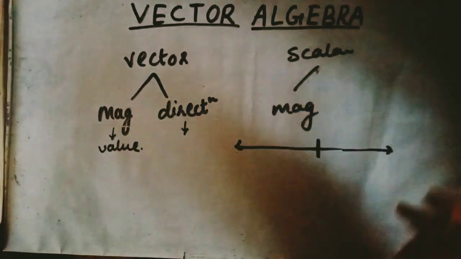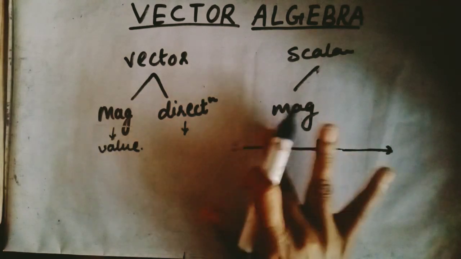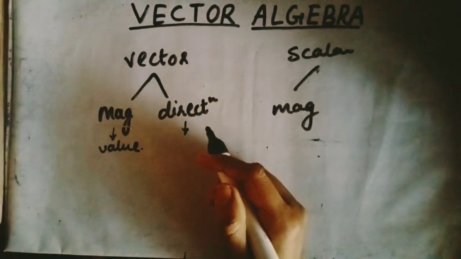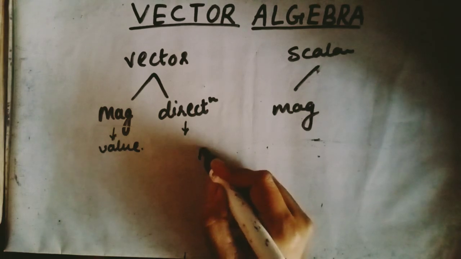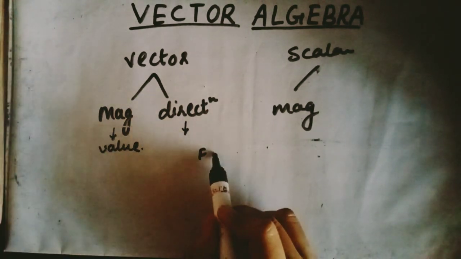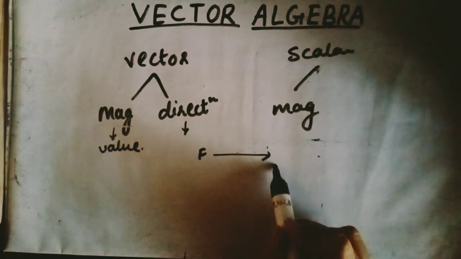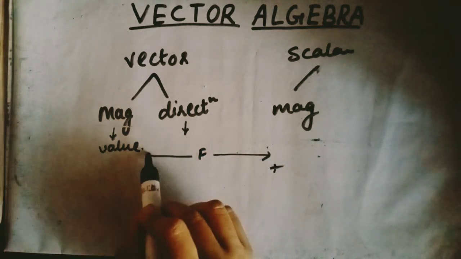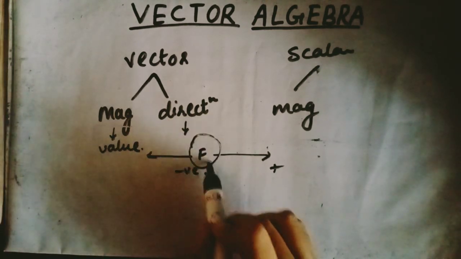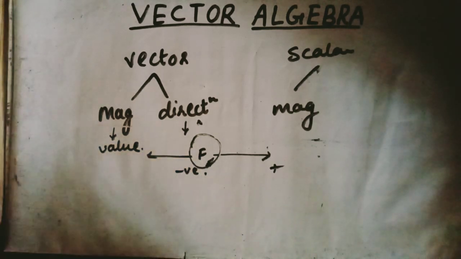We never take it positive or negative, right? But take the case of force: if you apply it in the forward direction, it will be positive; in backward, it will be negative. So it has magnitude as well as direction. So this becomes your vector.